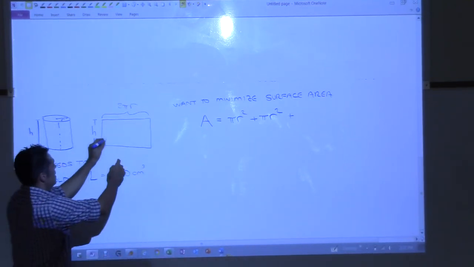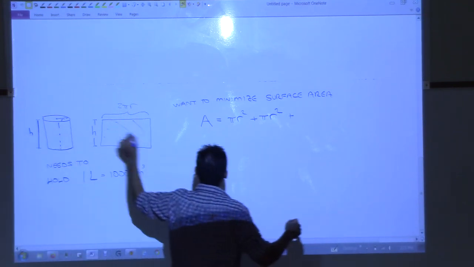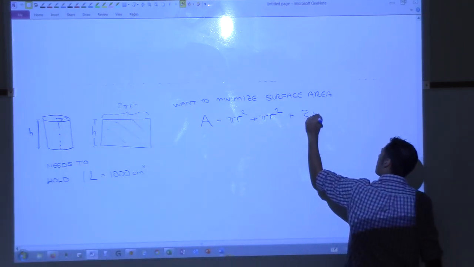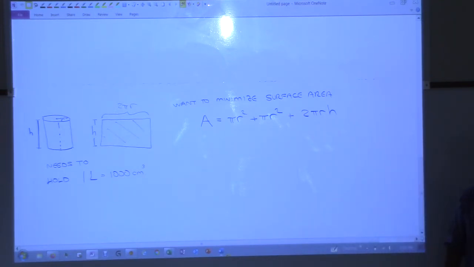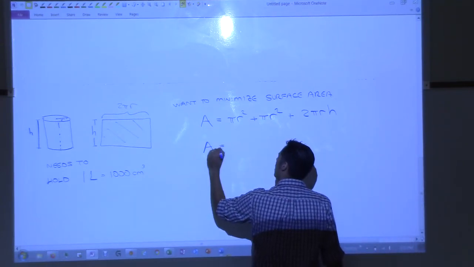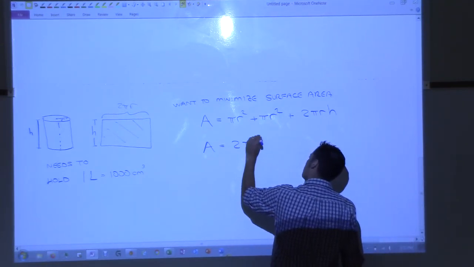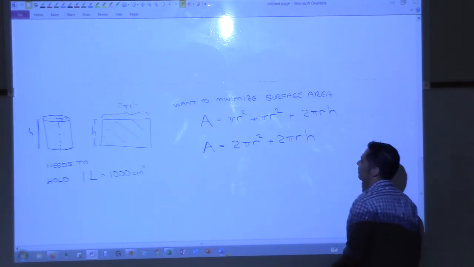So the area of this, which is the area around the can, is those two multiplied, 2 pi r h. So the total surface area of the can is 2 pi r squared plus 2 pi r h.